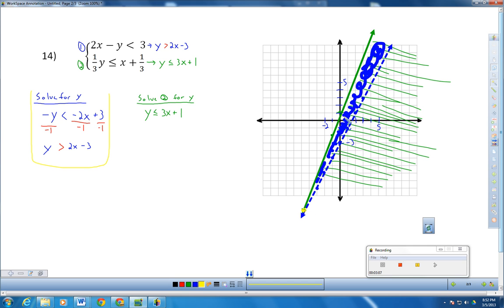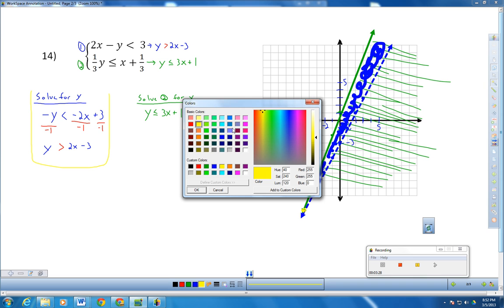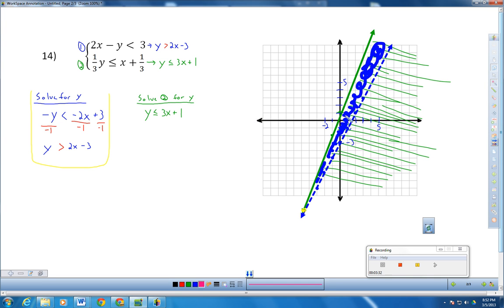So my feasible region here that I've shaded in is the intersection of both linear inequality 1 and linear inequality 2. I guess just to make that more apparent, I'll go ahead and color that in a different color so you can see that this region that I'm coloring in magenta, right?